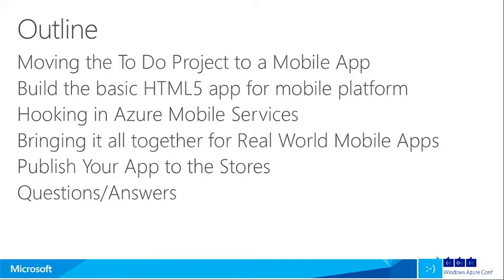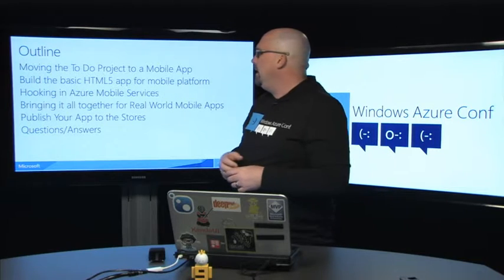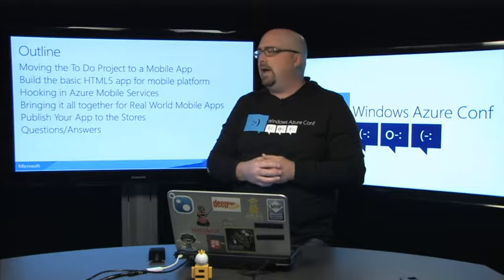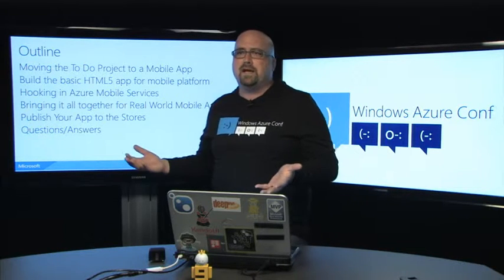Then we'll talk about hooking in Azure Mobile Services, and bring it all together with some best practices and what you should do. Then we'll talk about publishing the app to the stores, and take some questions and answers at the end.